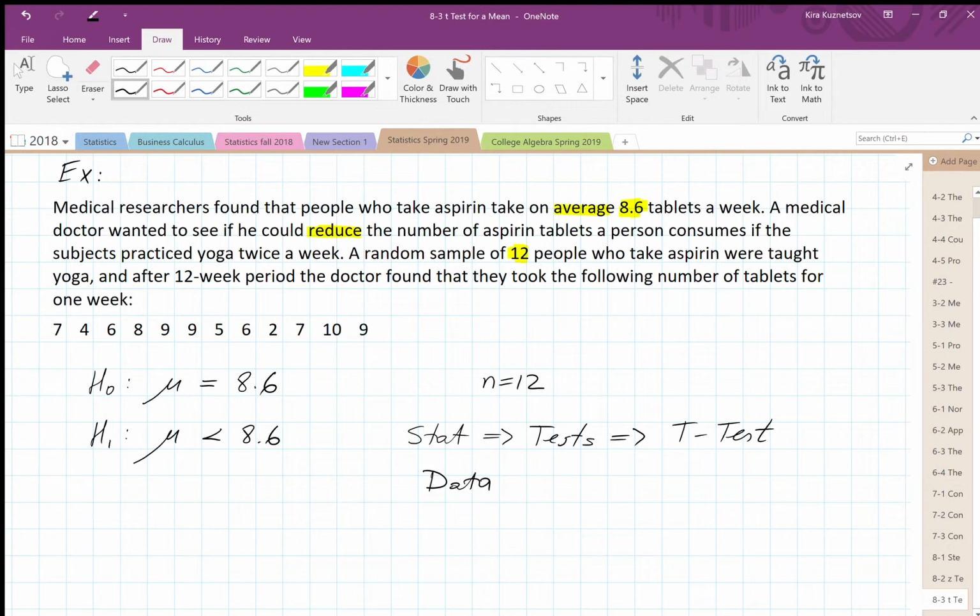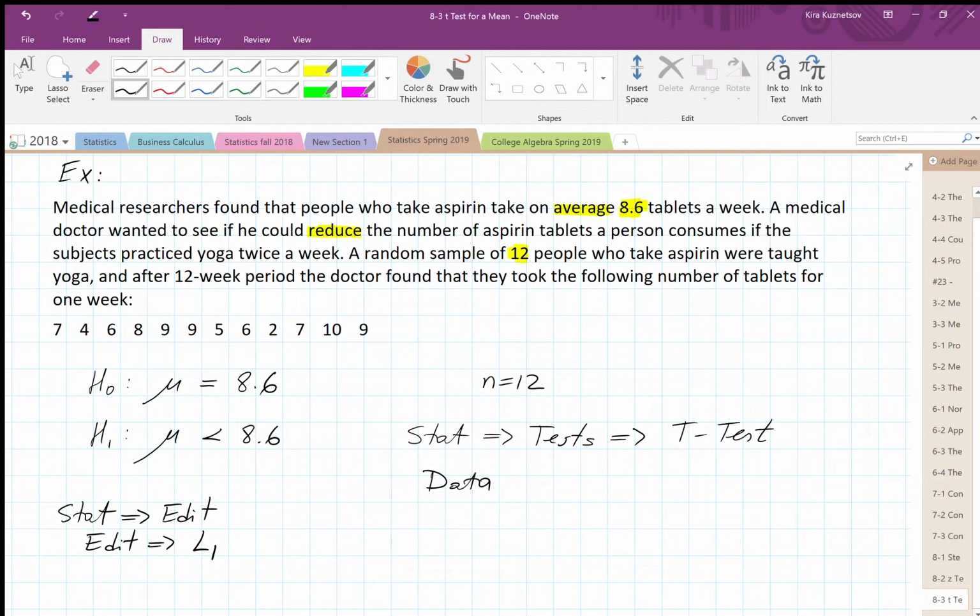At this point, the data should be entered under L1, so you can go into Stat, Edit, and you should have it in L1. So if you enter the data in L1, when you choose your t-test, the data should already be there, and by default L1 should already be under list.